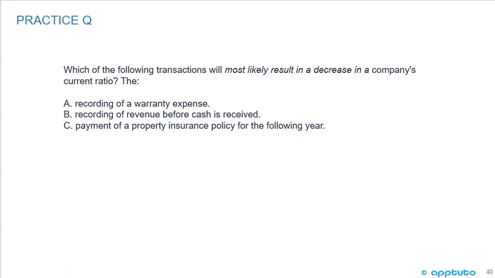Which of the following transactions will most likely result in a decrease in a company's current ratio? A, recording of warranty expense. B, recording of revenue before cash is received. Or C, payment of a property insurance policy for the following year. So we're looking for most likely a decrease in the current ratio.